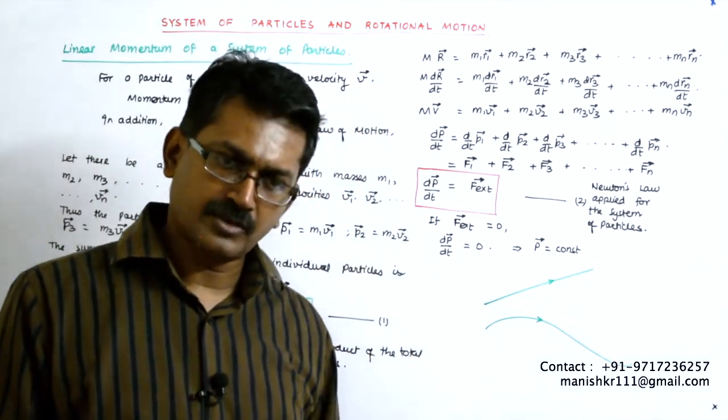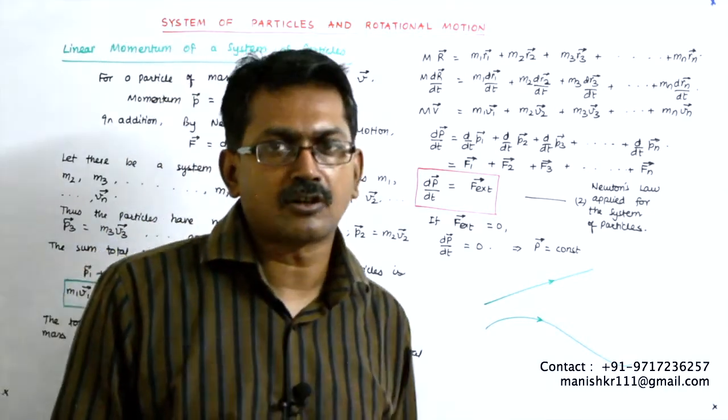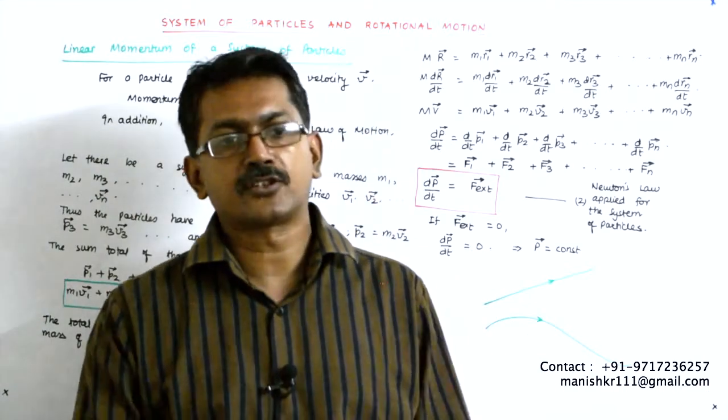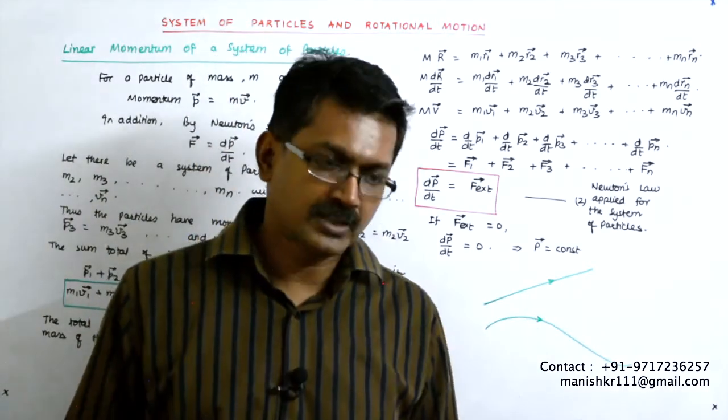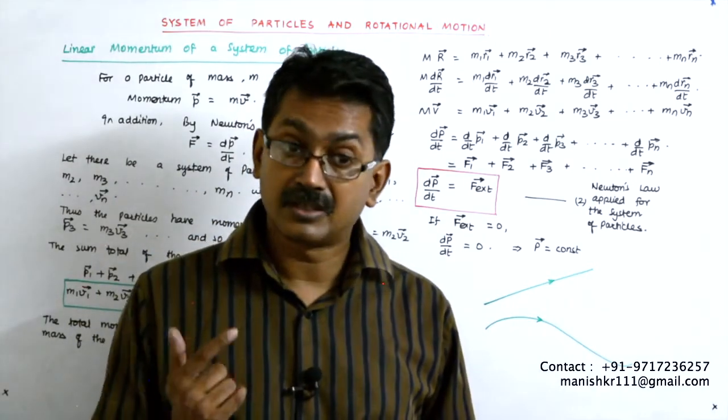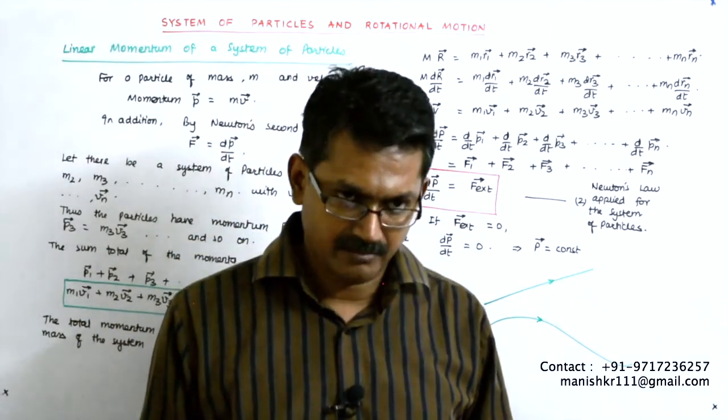So the moment you say uniform motion, it means the velocity is constant. Velocity has two attributes, a magnitude and a direction. So both those attributes have to be constant. So direction automatically becomes constant because you are talking about velocity and not speed, right?